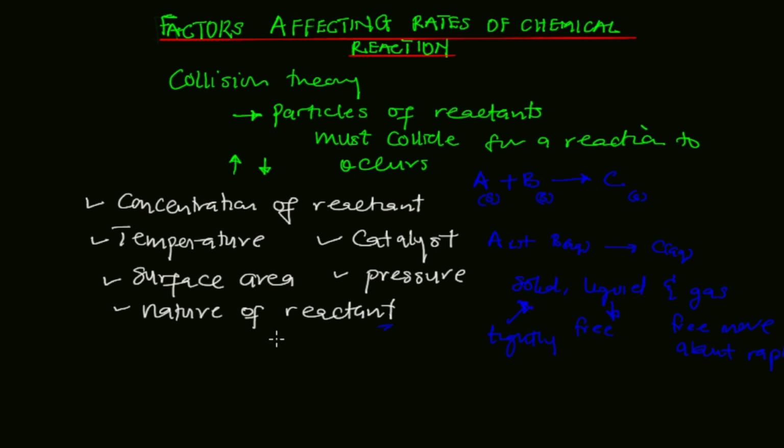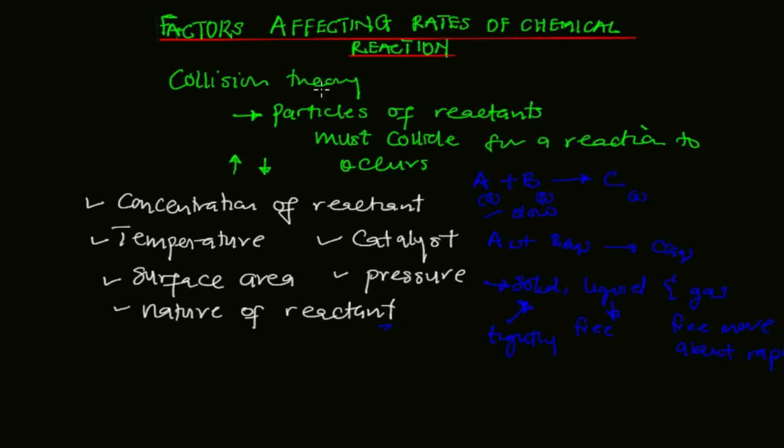So what the nature of reactants is basically talking about is that whenever particles exist in solid states, right, the reaction may tend to be very, very slow. So that's why the nature of reactant will actually determine the rate of chemical reaction. That is the rate at which a reaction is going to occur.